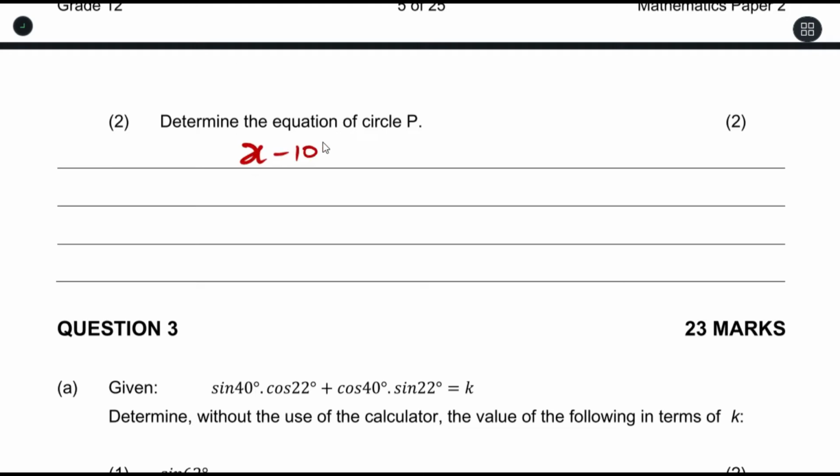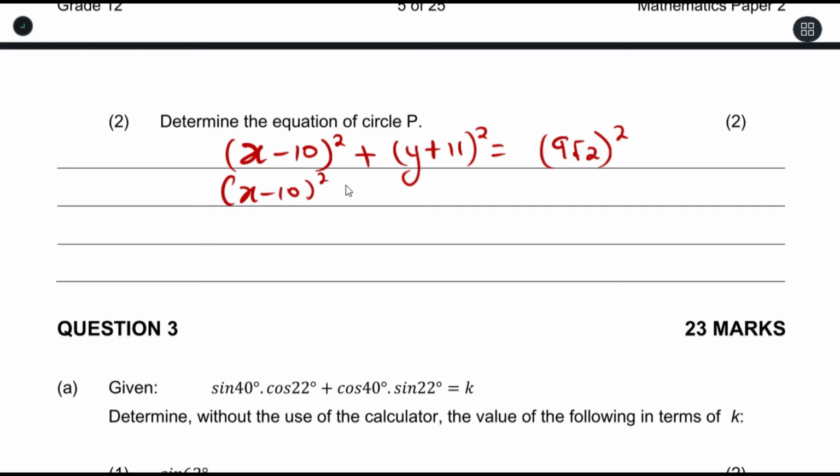x minus 10 squared plus y plus 11 squared is equal to 9√2 squared, which, as you know, is the same.